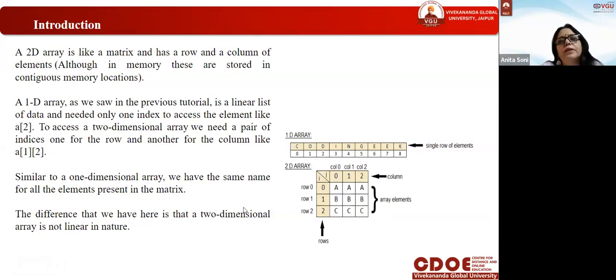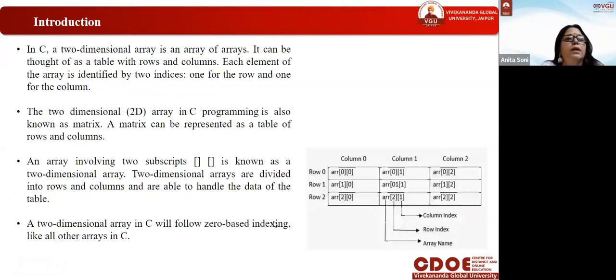In the same way, we can store 2D array, but the difference is that in 1D array, it is linear, but 2D array is not linear. So you can say 2D array in C is an array of arrays. Why array of arrays?